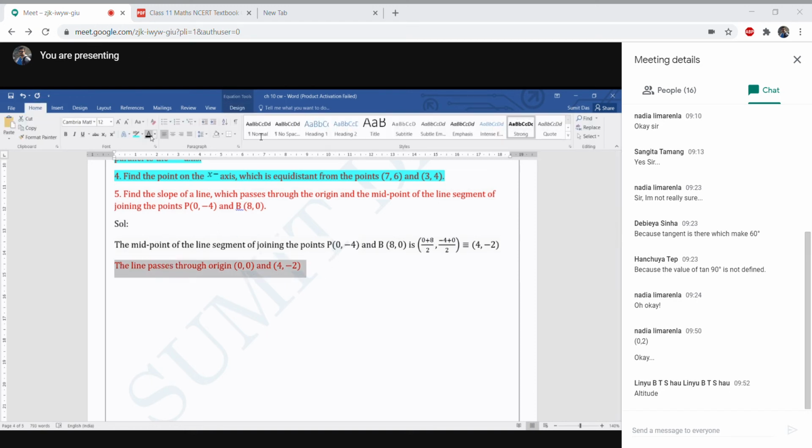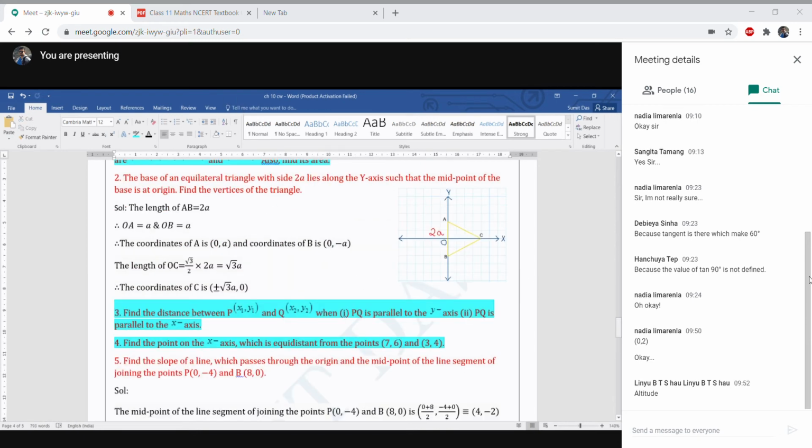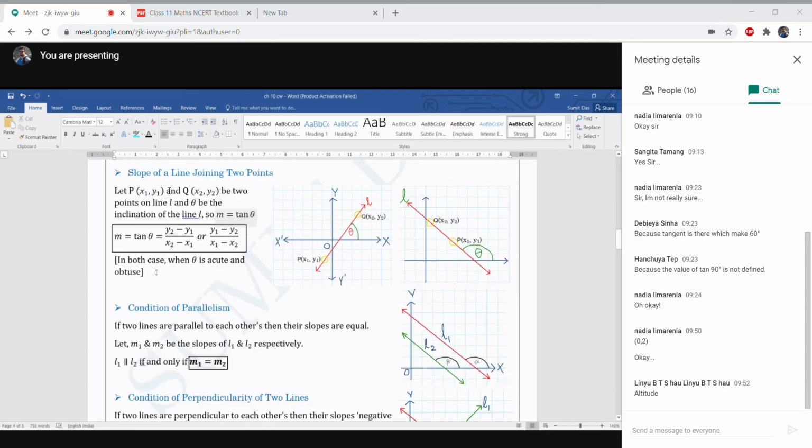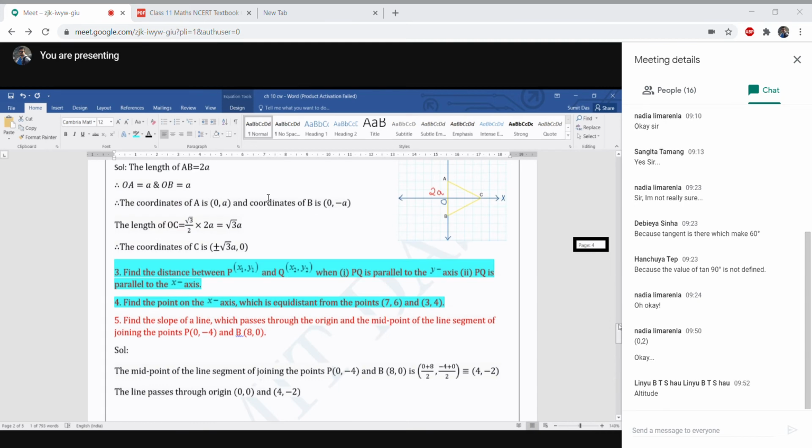Right? What will be the slope formula? Which formula will we use? We will use this formula: m equal to y2 minus y1 divided by x2 minus x1. You can obviously use the second one also, same thing.